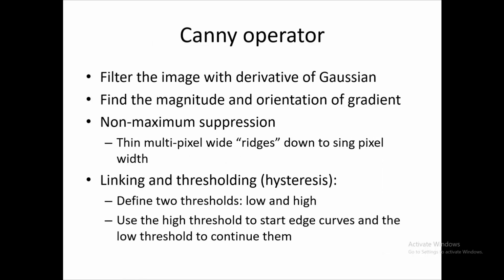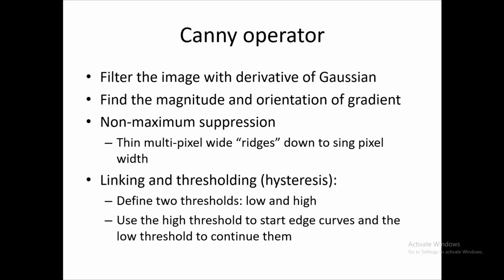So far we have discussed the primary edge detection technique. Now we'll talk about the Canny edge detector. The Canny edge operator works in the following way. First, filter the image with the derivative of Gaussian, then find the magnitude and orientation of the gradient.